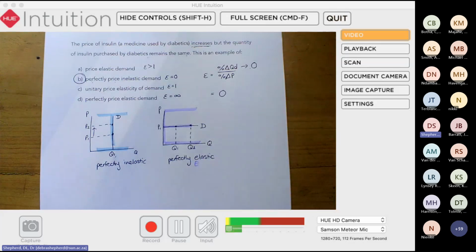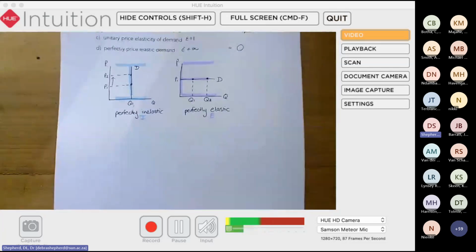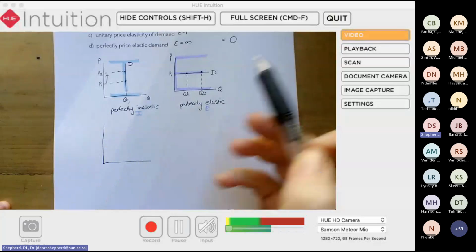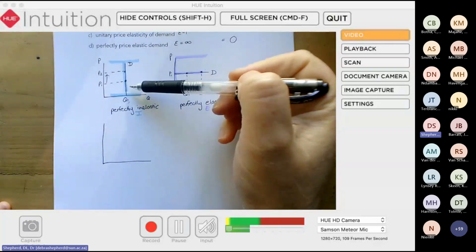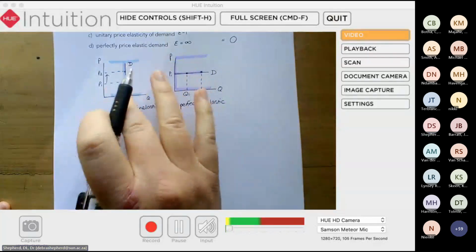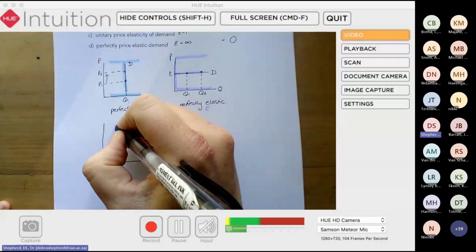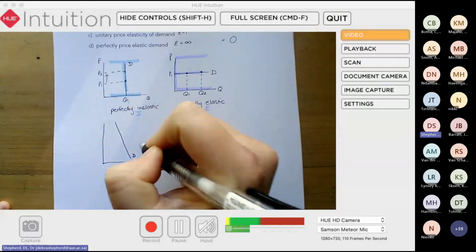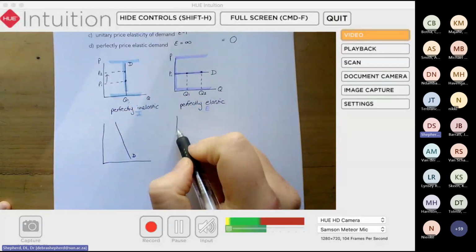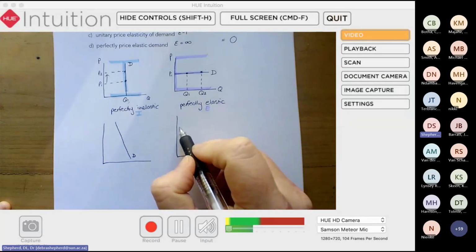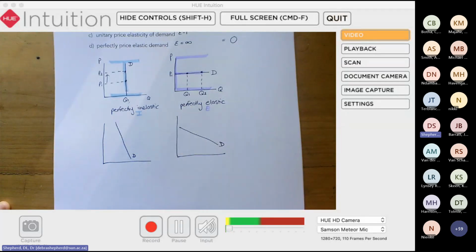So there's the E, and here's the I. If I wanted to draw a demand curve that is relatively inelastic, then using this extreme as our reminder, a relatively inelastic demand will be quite steep, whereas a relatively elastic demand will be flat.